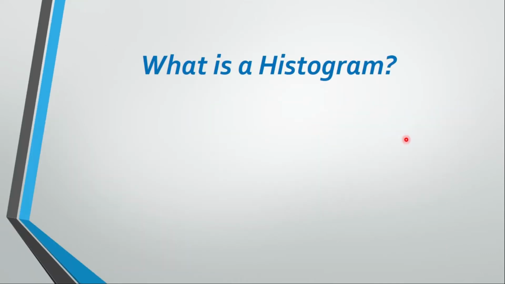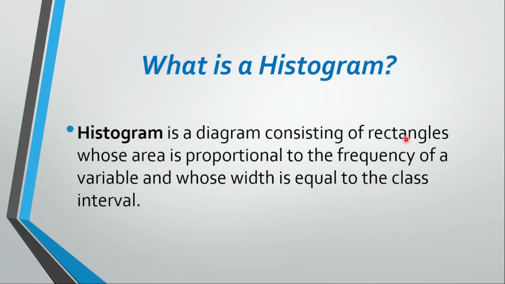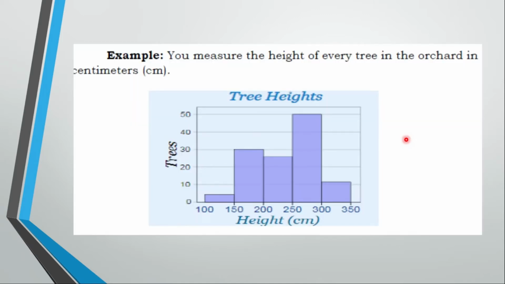And now we proceed to the histogram. When we say histogram, it is a diagram consisting of rectangles whose area is proportional to the frequency of the variable and whose width is equal to the class interval. So, ito siya. For example, you measure the height of every tree in the orchard in centimeters. So in this vertical axis are the number of trees and the horizontal axis are the height of the trees in centimeters.